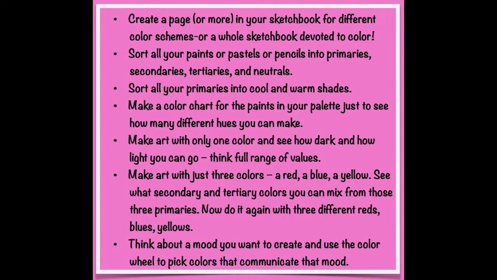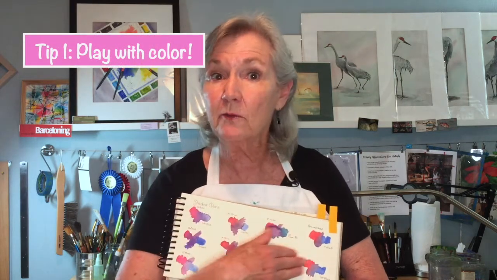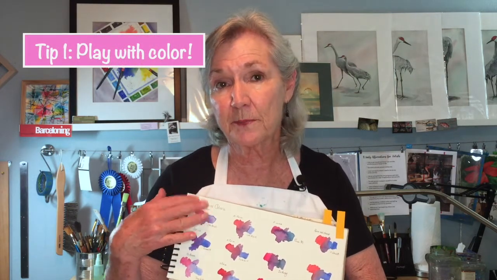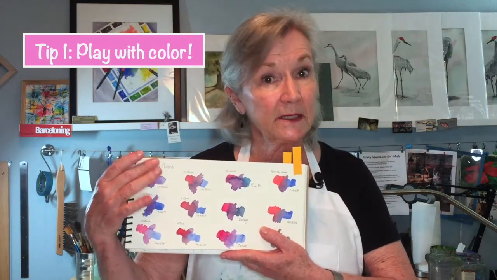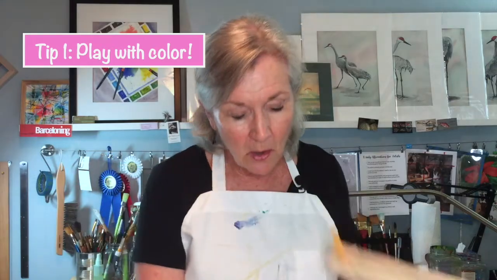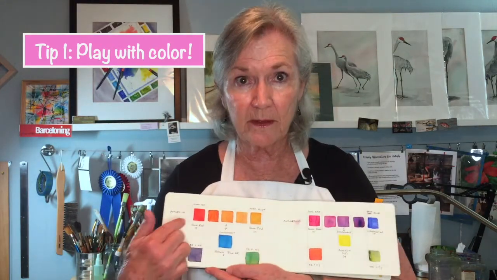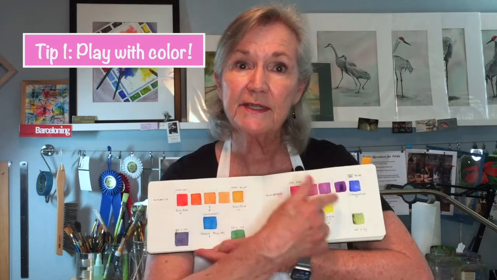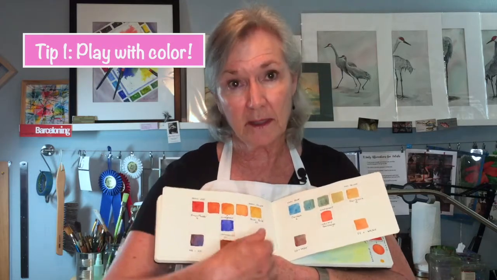The first thing is I might create a page in a sketchbook where I play around with different colors for a different purpose. In this case, I was thinking about reds and blues that would make some interesting shadow colors. Or I might be experimenting with 3 primaries just to see the different colors that I could mix from that collection.